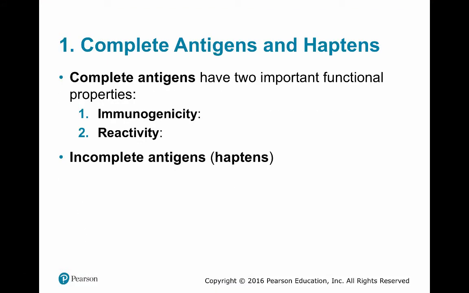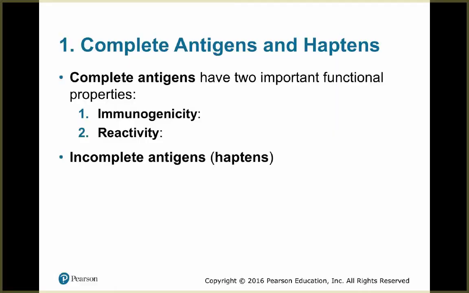So complete antigens and haptens, what are they? Well, complete antigens have two important functional properties. They are basically immunogenic, which means that they have the ability to stimulate proliferation of specific lymphocytes, right? So they help with lymphocyte proliferation, or making new lymphocytes, right?